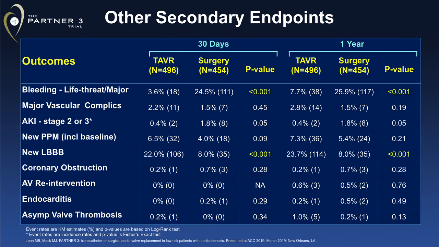We are seeing that more patients with TAVR, based upon the way the valve is put in and sits in its location, can affect the electrical system so that you develop this left bundle branch block pattern on an EKG. It happened in 22% of TAVR patients and only 8% of surgery patients. That was statistically significantly different.